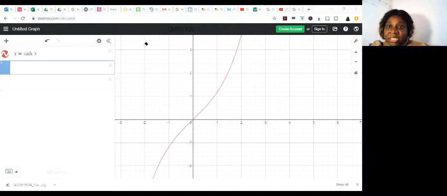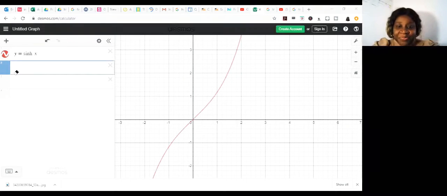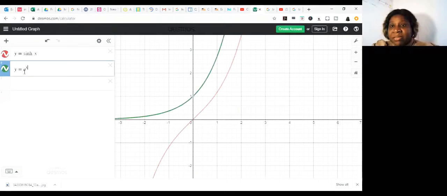If you had e to the power of x, let me draw e to the power of x so that you know. Let's make a sketch. y is equal to e to the power of x. Can you see? Yeah.